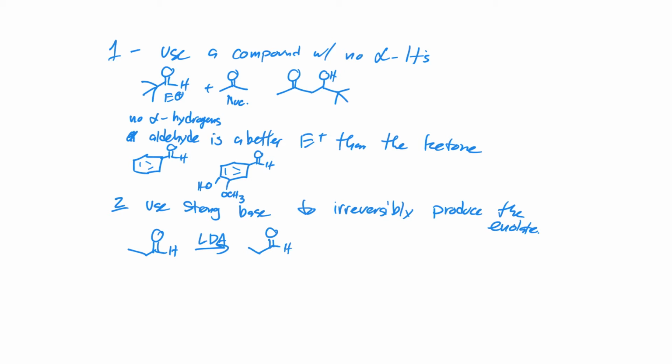We're going to form this anion, which we can then react with, let's just say, a smaller aldehyde. This is the nucleophile. Since we've formed 100% deprotonation at this position, we formed 100% nucleophile. None of this is left to react as the electrophile. We then add the electrophile next, and we can make the desired product in high yield. That's the desired product.